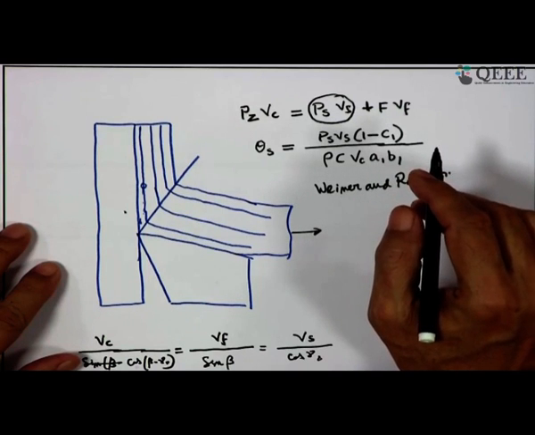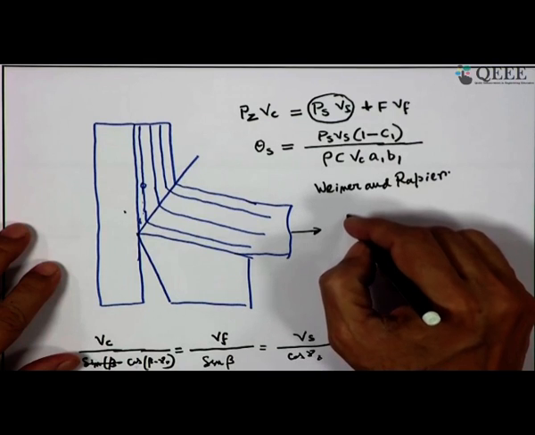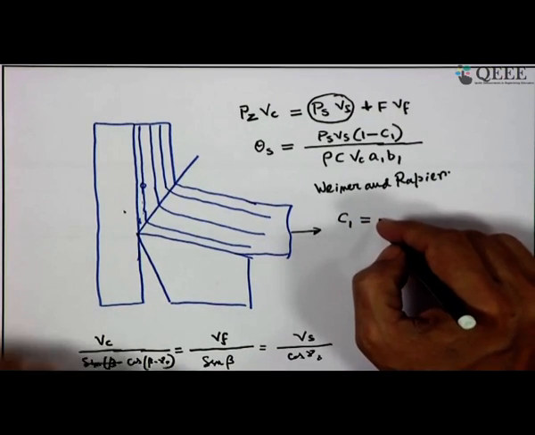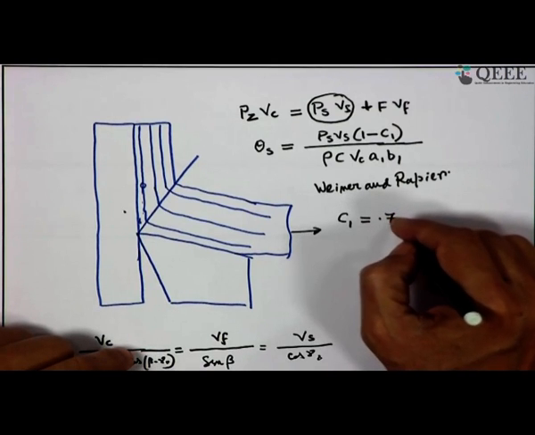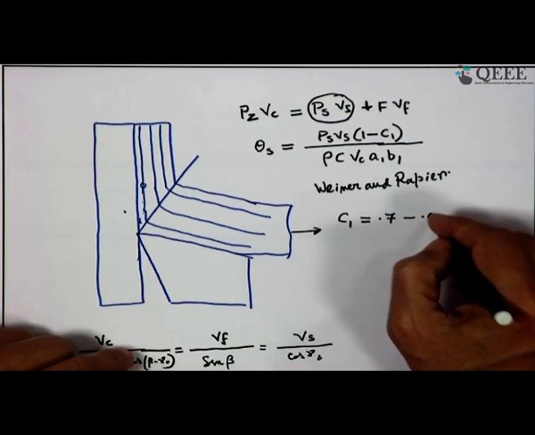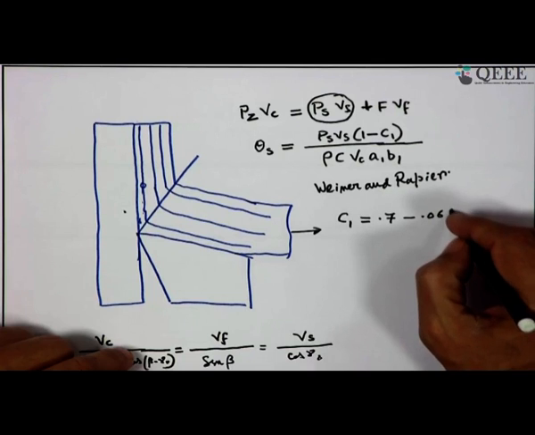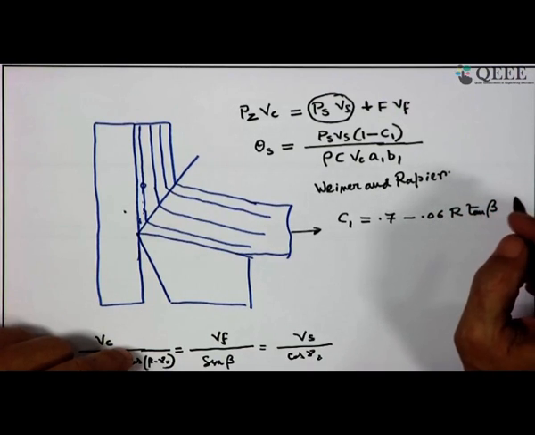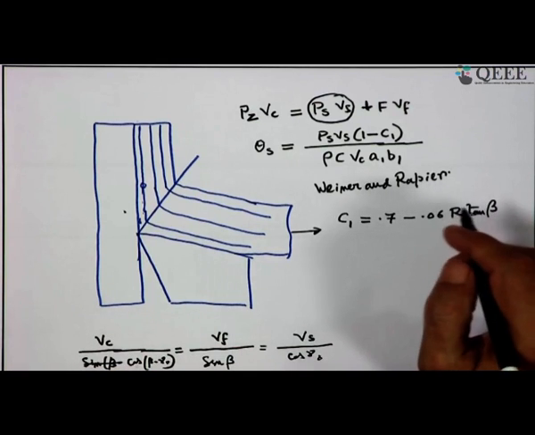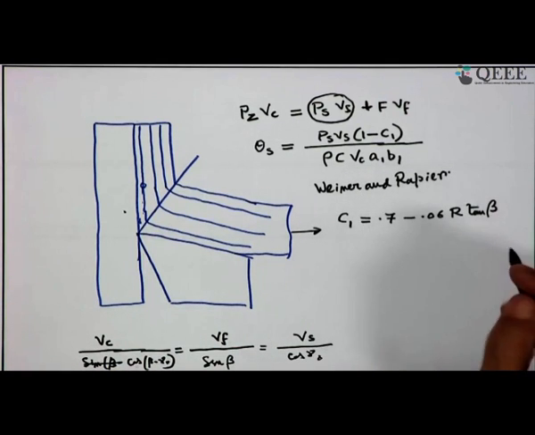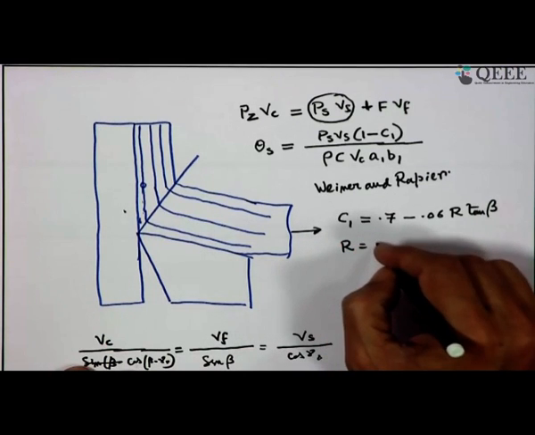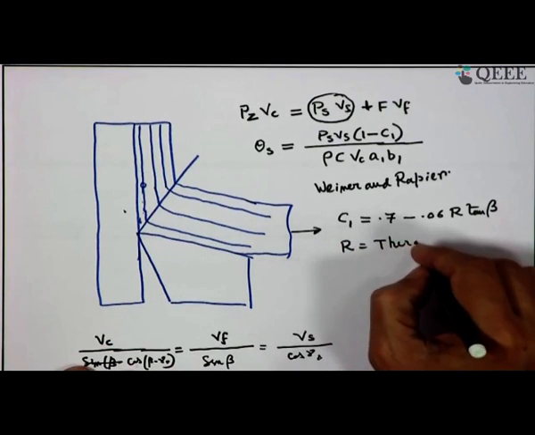Now, this C1 value you get by this, C1 is equal to 0.7 minus 0.06 into R tan beta. That is the relation, and for that you can consult any textbook. All these things are given there. And what is R? R is actually a thermal number.